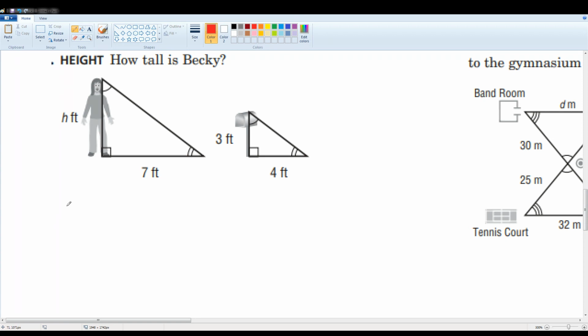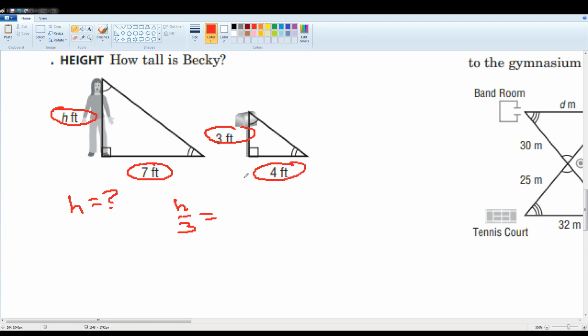Go ahead and solve for h. And what you should have done is corresponding sides, h over 3 equals 7 over 4. We cross multiply diagonally. H times 4 goes on one side, or 4h, equals 3 times 7 on the other.